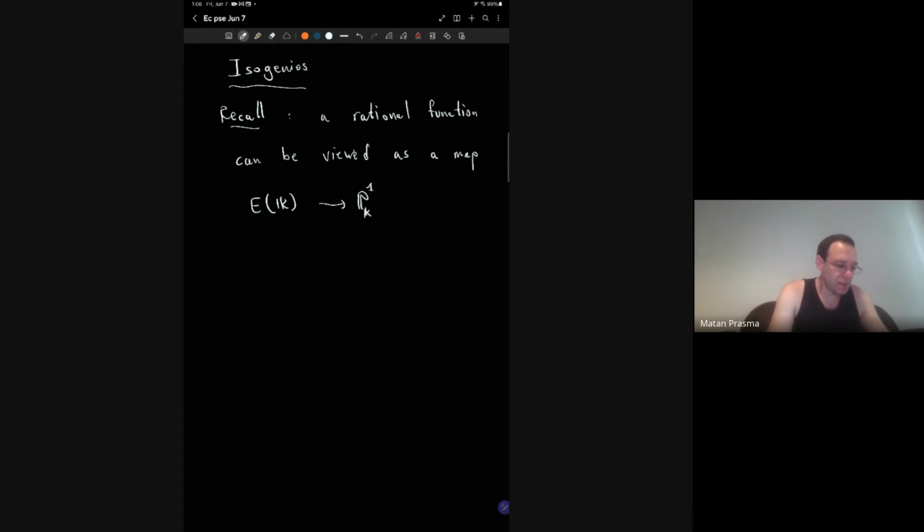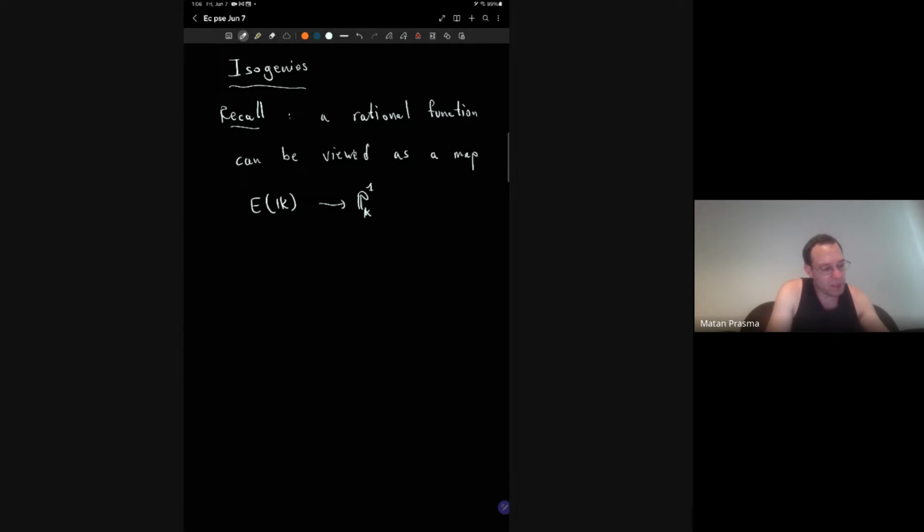And if you think of it, the projective line is just another type of curve, right? I mean, it's a one-dimensional algebraic object.